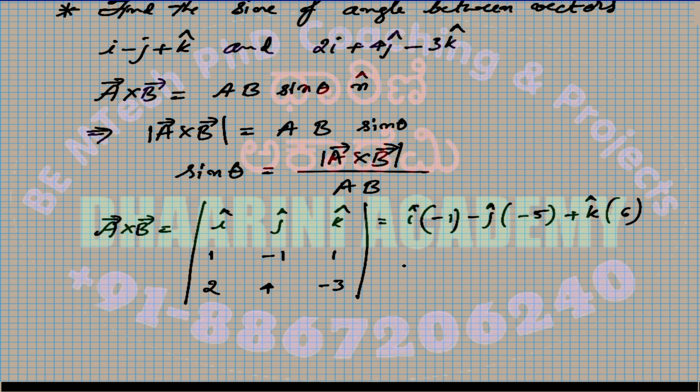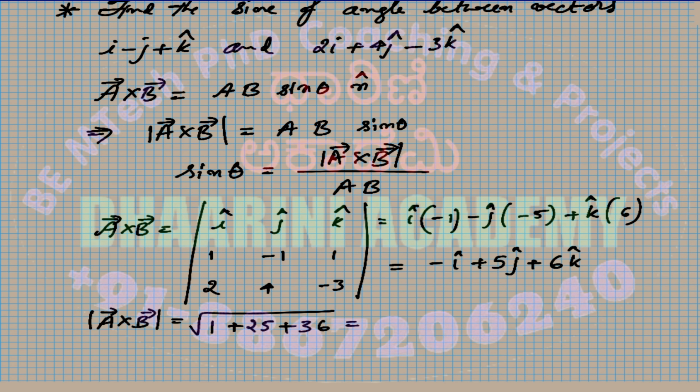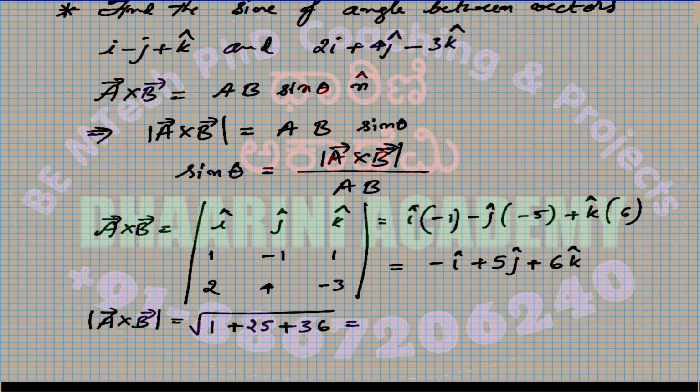So vector A cross B is equal to minus i cap plus 5 j cap plus 6 k cap. This implies the magnitude of A cross B is the square root of 1 squared plus 25 plus 36. So 36 plus 25 plus 1, and the root is 7.874.